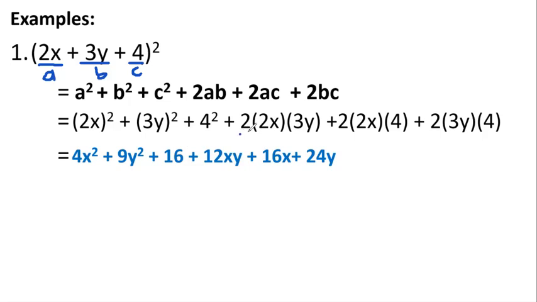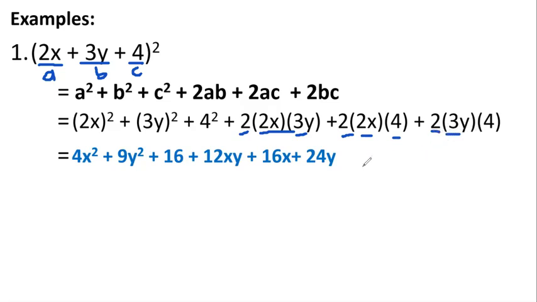2ab, 2 times A, 2x, times B, 3y. The answer is 12xy. Now, 2ac, 2 times A, which is 2x, times C, which is 4. Answer is 16x. And pag kinuha naman natin yung 2bc, we have 2 times 3y times 4.